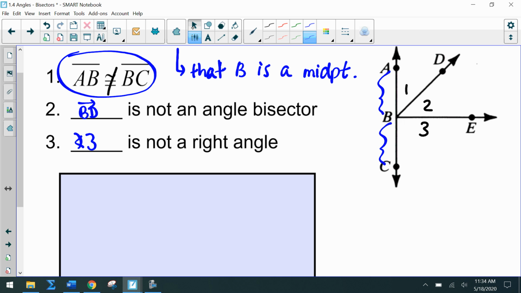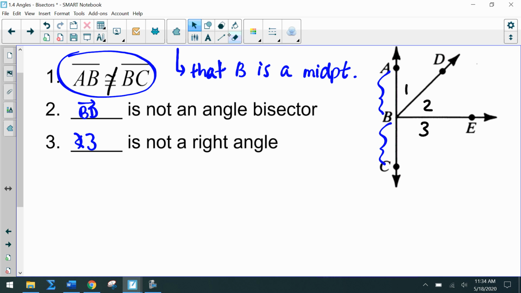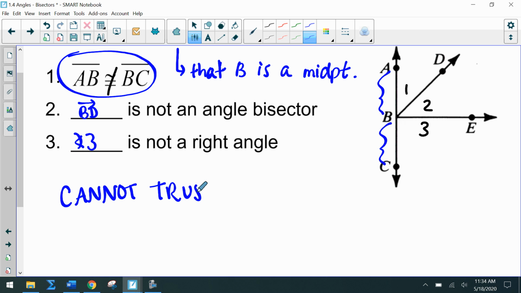It may look like a right angle here, but we cannot trust our eyes, so that we cannot assume. We must be told that angle 3 is a right angle, and then if we knew that, we could mark it on the diagram and make other observations from there.